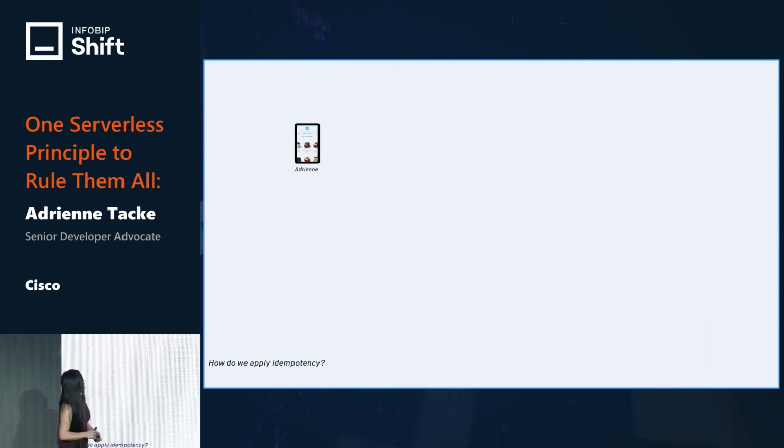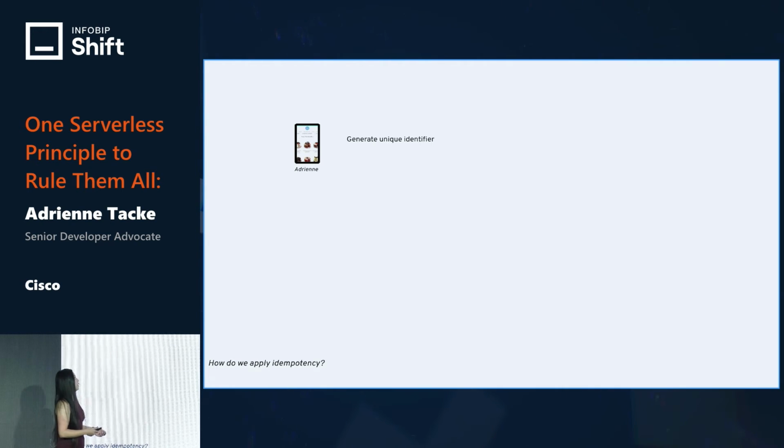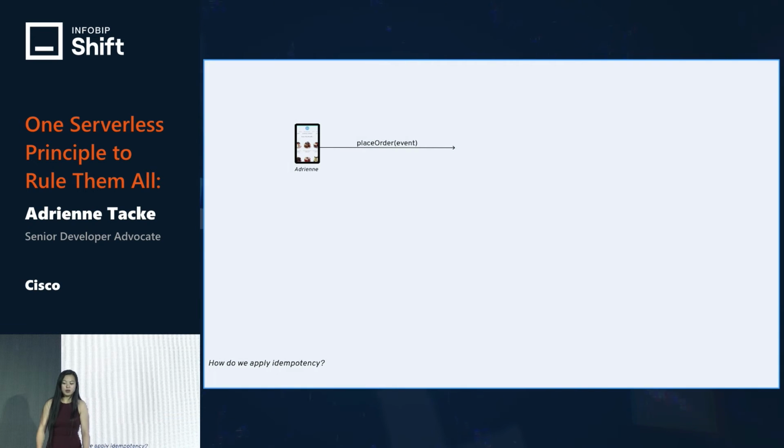So we're back again. This is my phone. I'm about to order. And we want to first generate a unique identifier, right? In this case, let's say we just generate some UUID. This could be a place order event. And once I've placed my order, we send that idempotency key as part of my request. So we've placed that order, it invokes a place order event, and goes to the API.